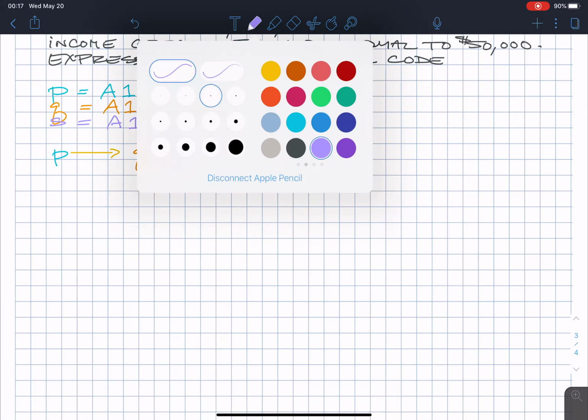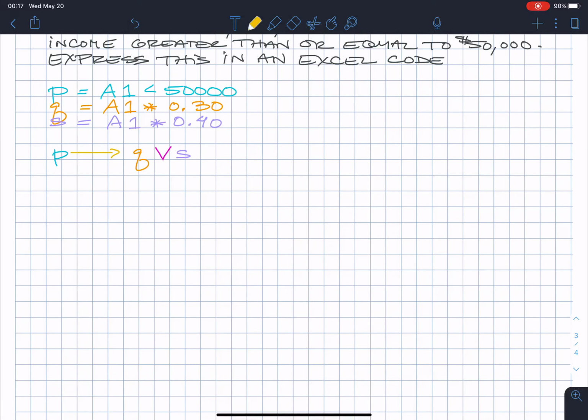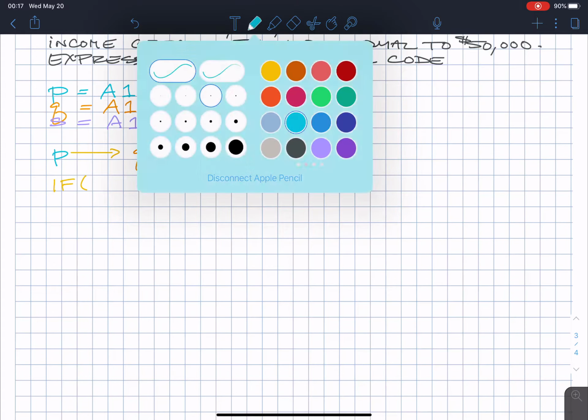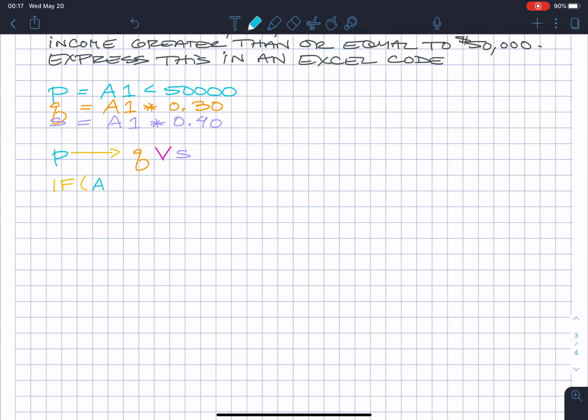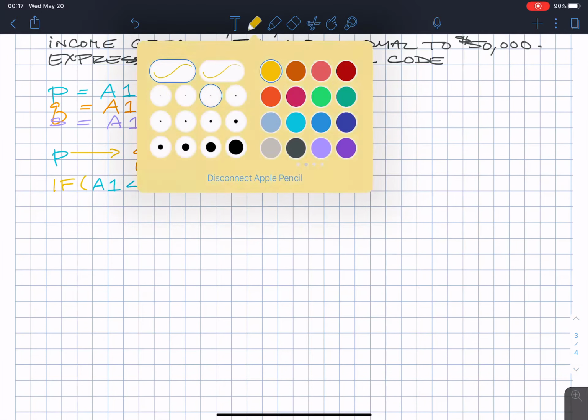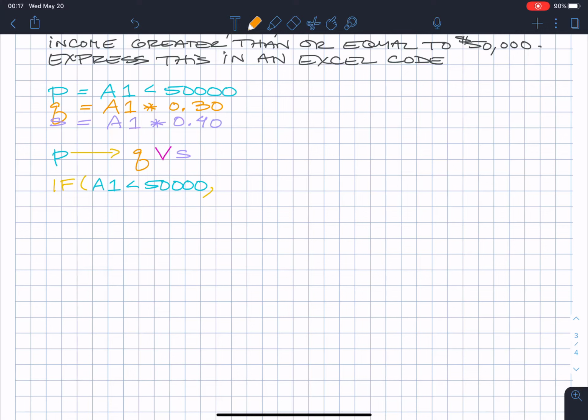So translating this into an Excel code would be a capital IF, open parentheses. What is the first argument? The entry in cell A1 is less than $50,000. If that's the case, then we tax at 30%, so A1 times 30%.